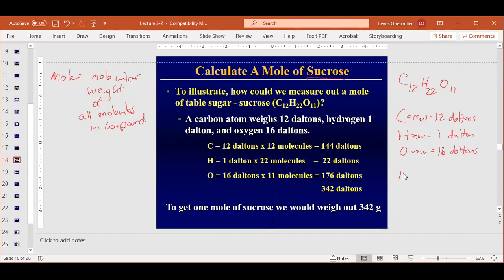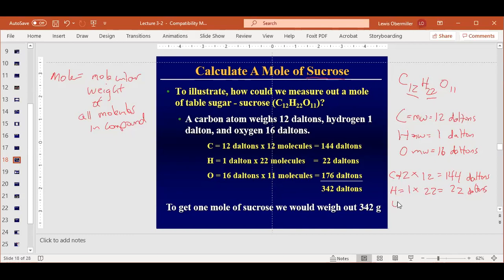So 12 for carbon for its molecular weight, and there's 12 carbons in sucrose. So 12 times 12 is 144 Daltons, and that's carbon's contribution. And then hydrogen's molecular weight is 1, and there's 22 hydrogens, so we multiply that by 22, and we get 22 Daltons.